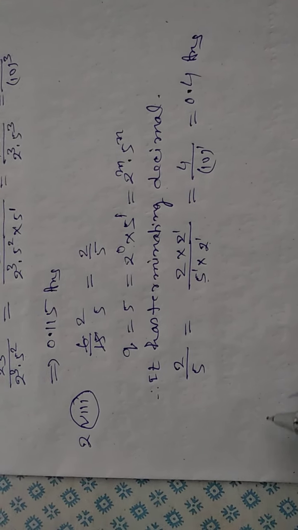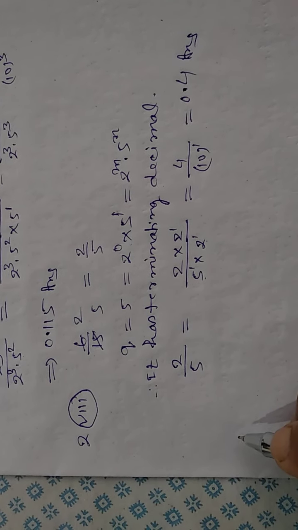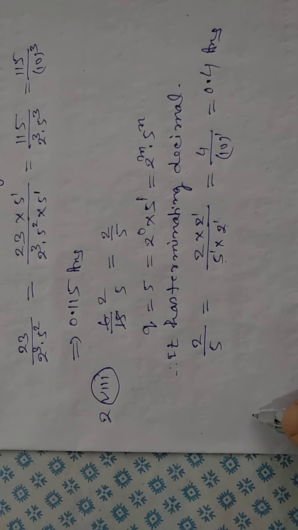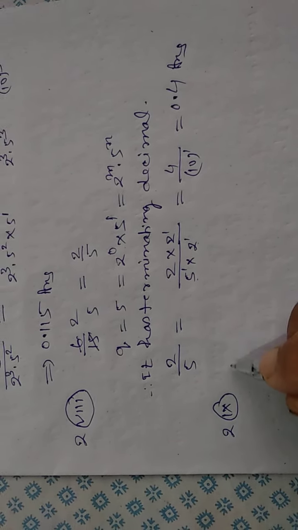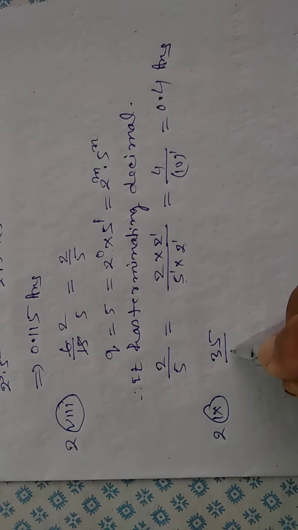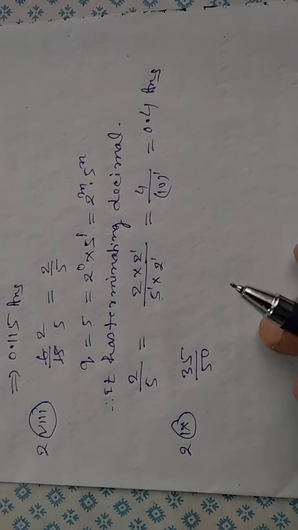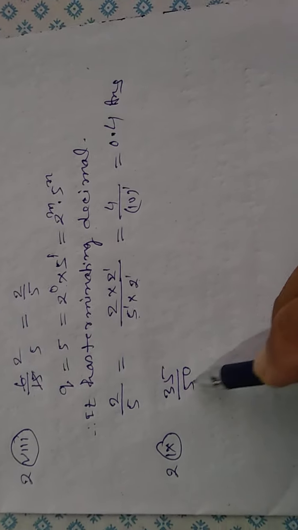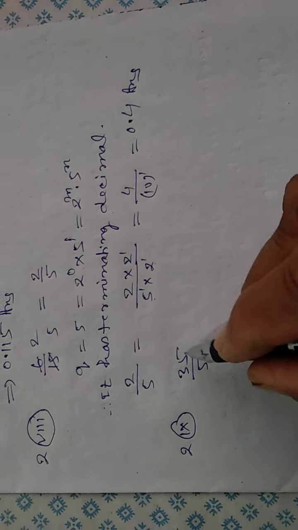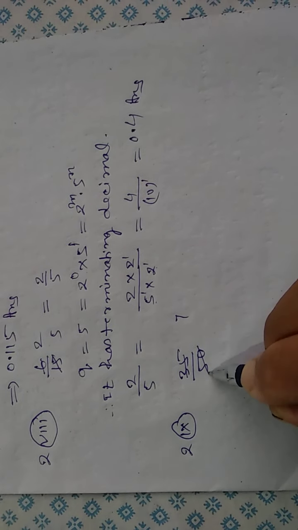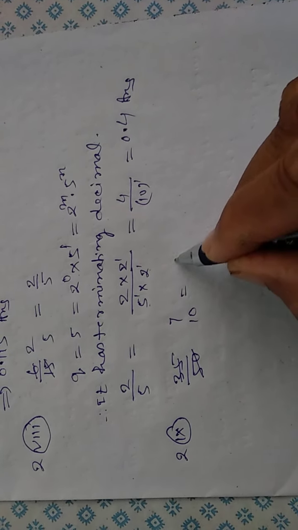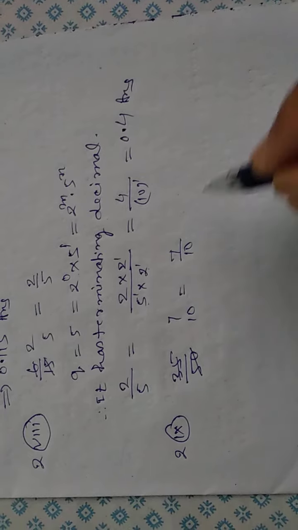Now number 9. 35 by 50. Both are divisible by 5, so divide by 5 to write in the simplest form. 5 7s are 35, 5 10s are 50, it is 7 by 10.